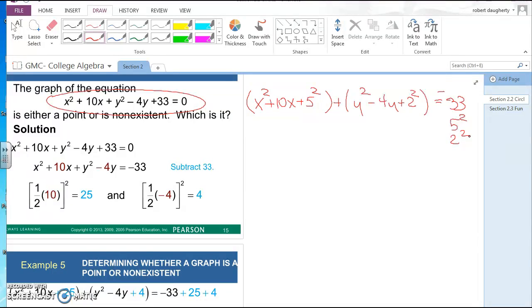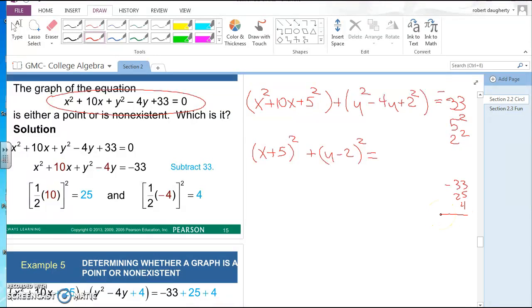So on the left, I get (x plus 5) squared plus (y minus 2) squared. And on the right, I get -33 plus 25 plus 4. And so that is what?